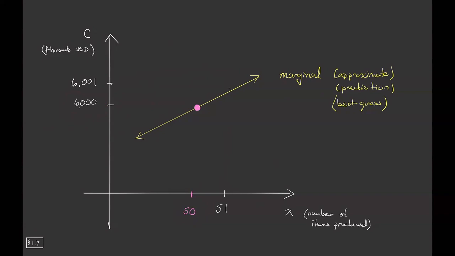So it helps us predict what the next cost or the next profit or the next revenue should be. So what we do, and I had this already set up, but kind of going back to fundamentally what happens, is we say, well, when we're at 50, we're at 6,000. So when we're at 51, what should we be at?